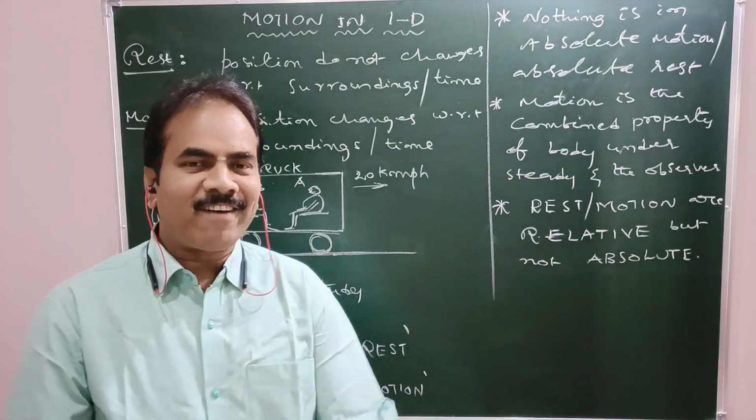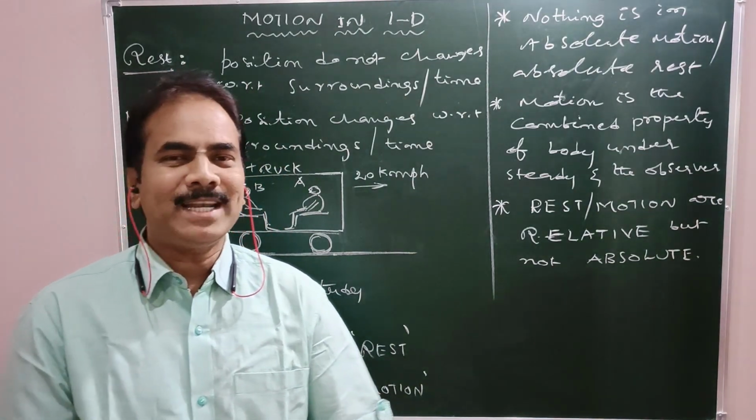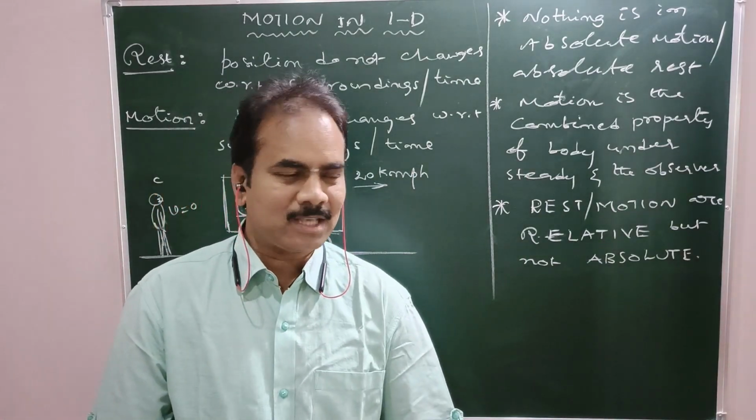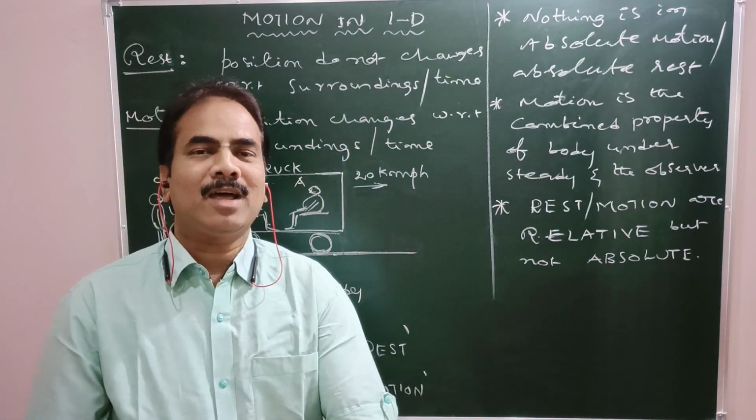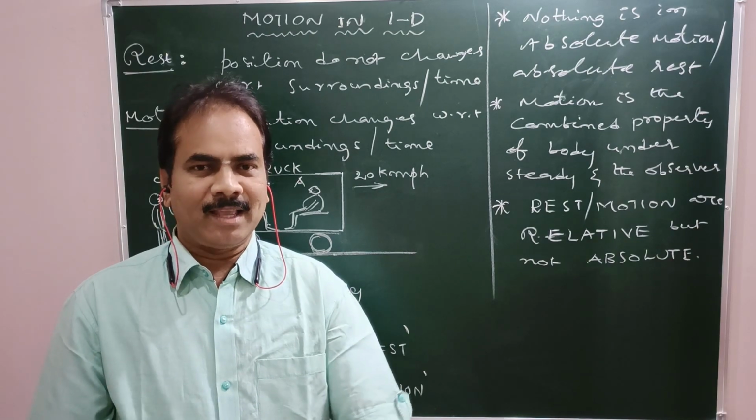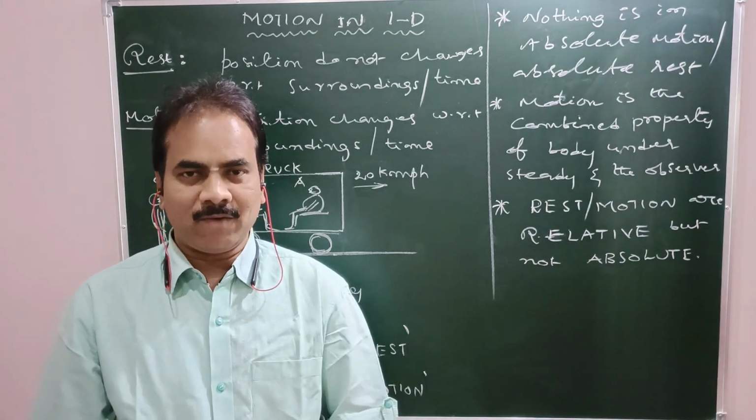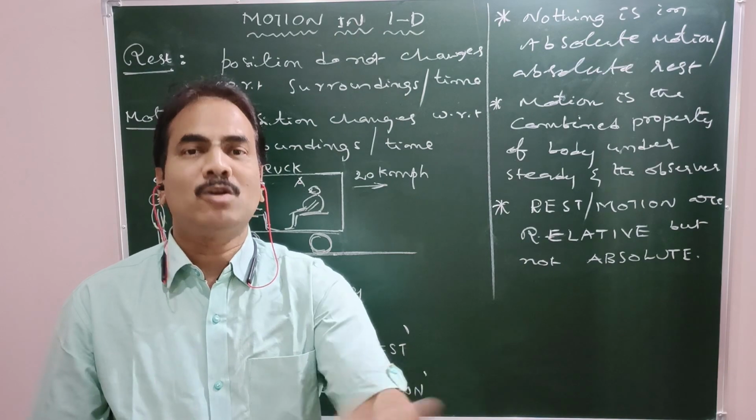Coming to frame of reference. What is meant by frame of reference? Suppose you want to study the position or an event that occurs in nature. We need one background with respect to which that observation should be done.